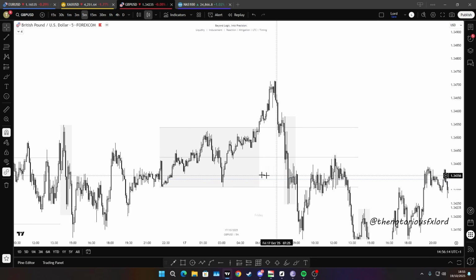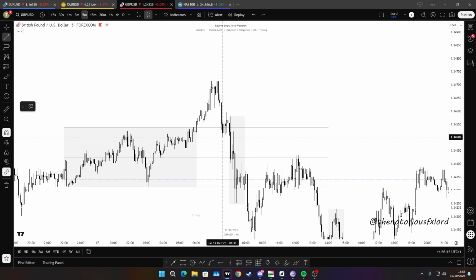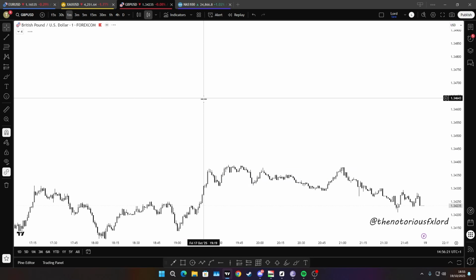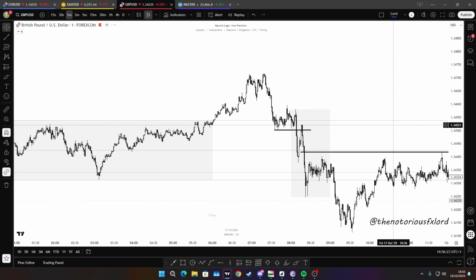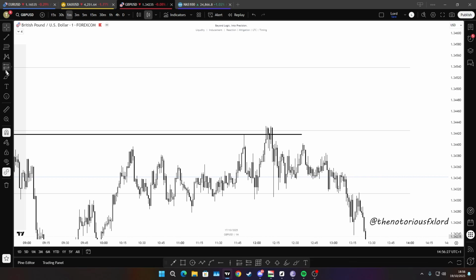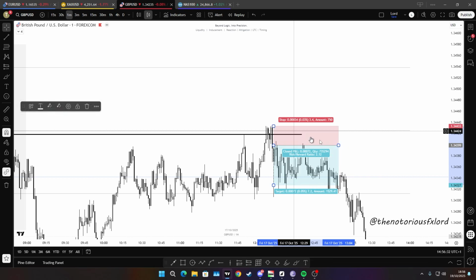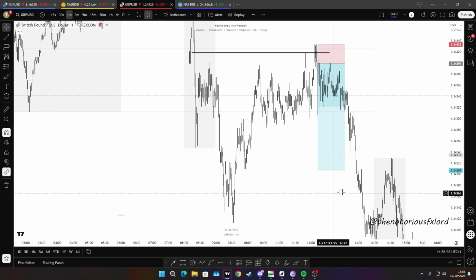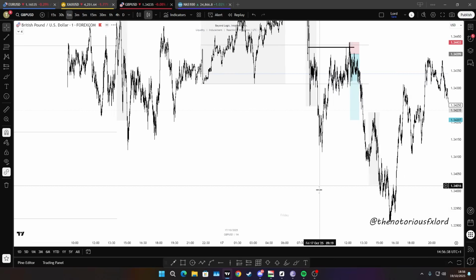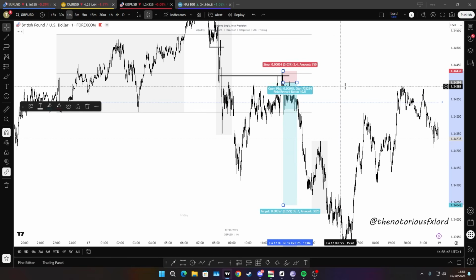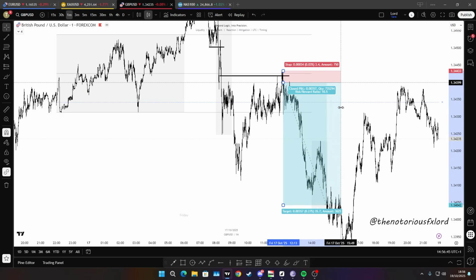Let me just real quick mark the two entries that I would have actually taken. Oh, bro, this trade would have been a really juicy one.